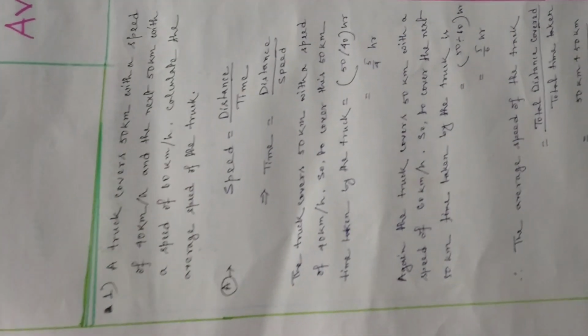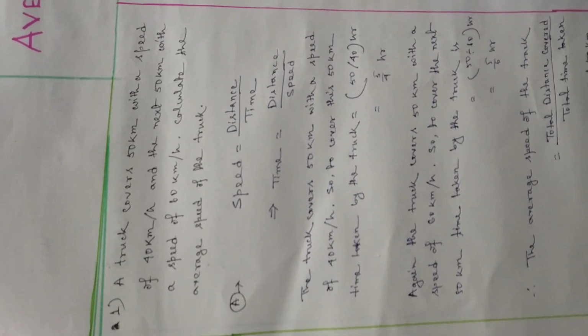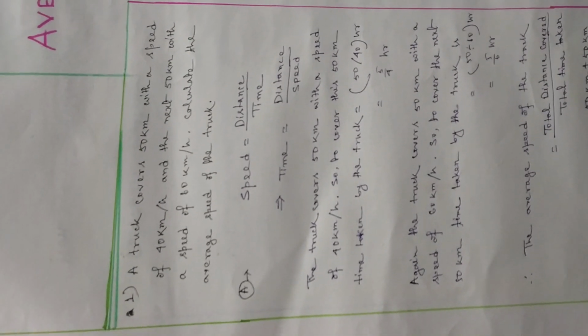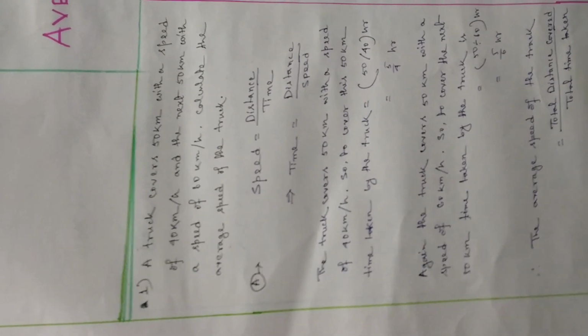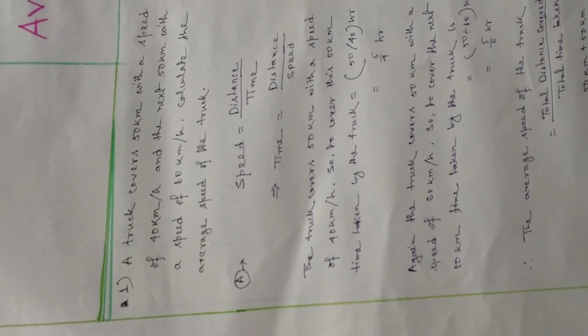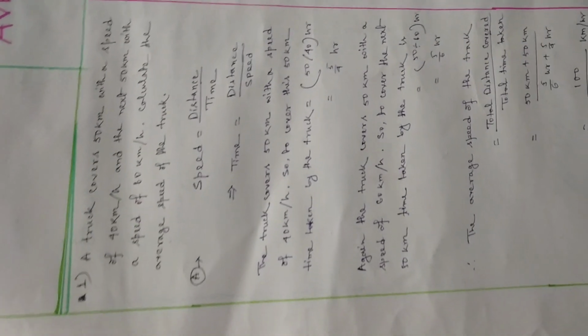That means the first portion of its journey is 50 km and the second portion is also 50 km. So total distance covered by the truck is 100 km. So we have to find the total time taken to cover this journey of 100 km. So let's do it.